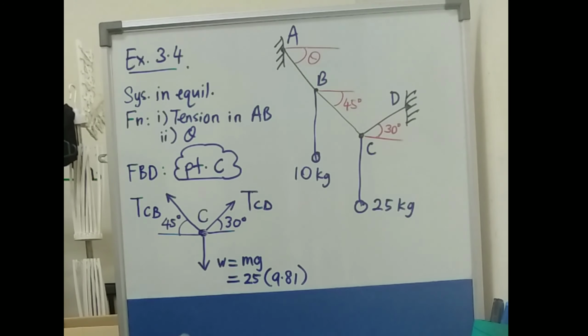Once you have your FBD, you have to decide whether you want to use the triangle method, where you draw the triangle. Because we have three forces involved, you can proceed with the triangle method, or you can also use the rectangular component method, where we resolve the forces into X and Y components.